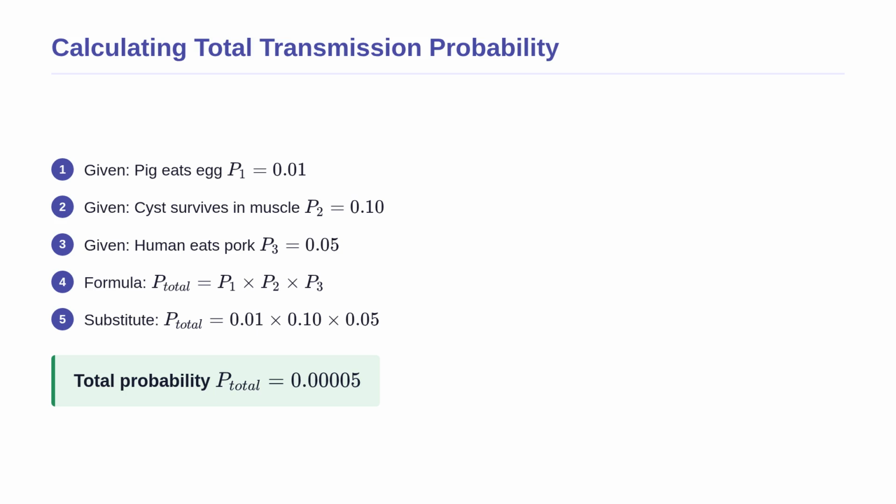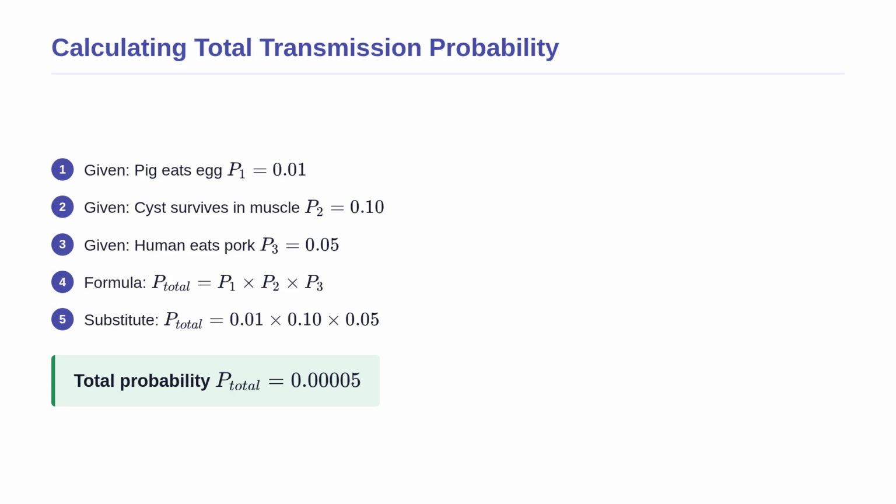Now that we have our formula, let us see this with a concrete example of a parasitic tapeworm. We are given three independent survival probabilities for its life cycle. The probability of an egg being eaten by a pig is 0.01. The probability of the cyst surviving in the pig's muscle is 0.10, and the probability of a human eating undercooked infected pork is 0.05.